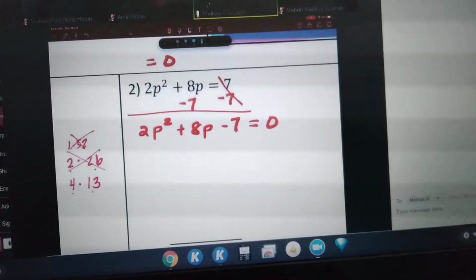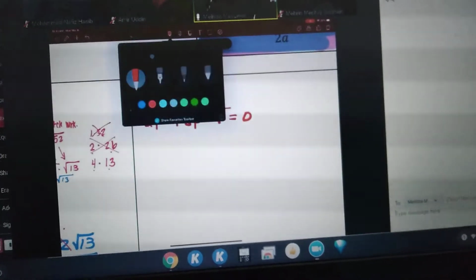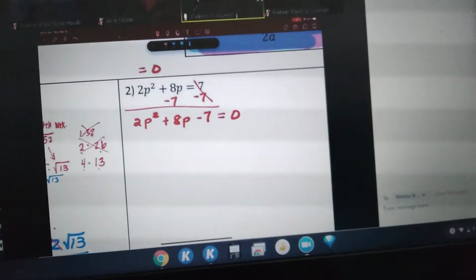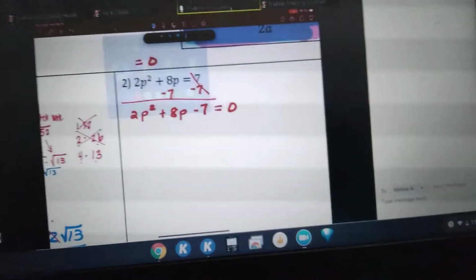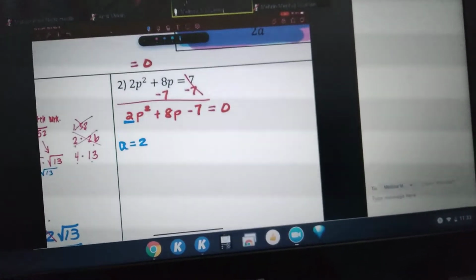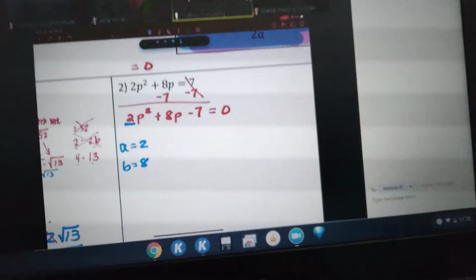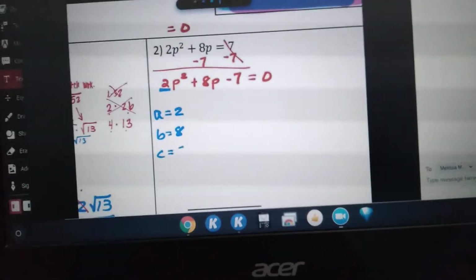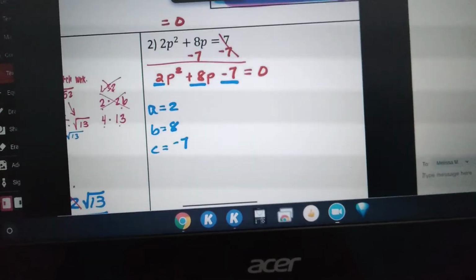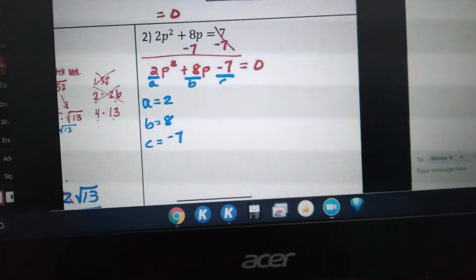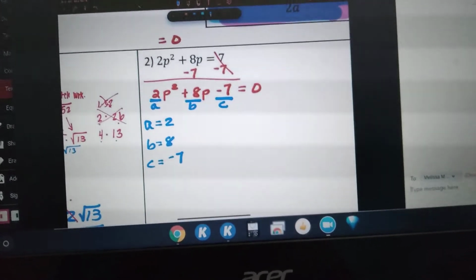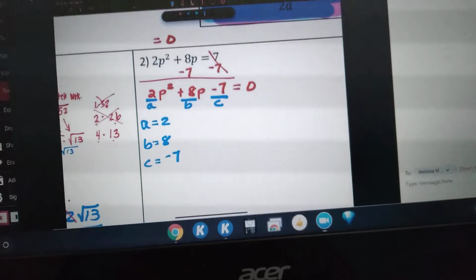Good. So now let me identify my a, b, and c. My a is 2. a equals 2. My b is 8. My c is negative 7. a, b, c. Everybody understand? Good.